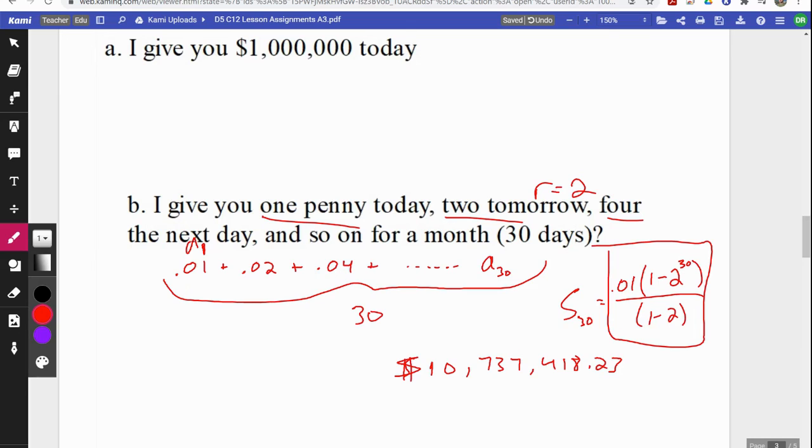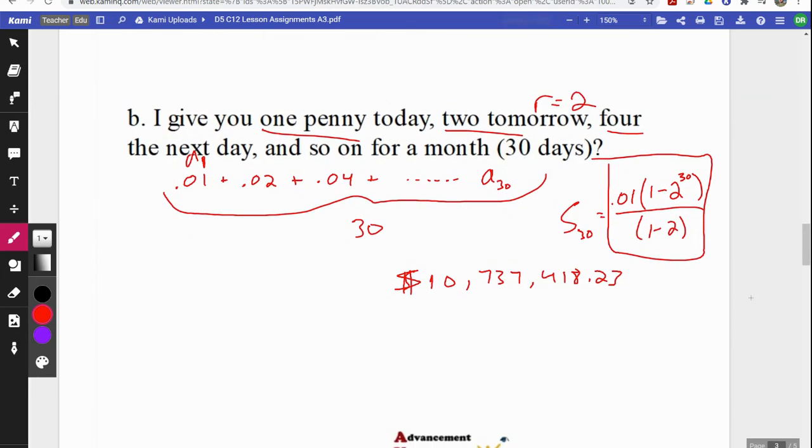And this should make a little bit of sense if we just figure out what the 30th term is. The 30th term, a sub 30, if we started at 0.01, if this were just a sequence, we just want to know what the 30th amount would be. This would be 2 to the n minus 1, which would be 30 minus 1.